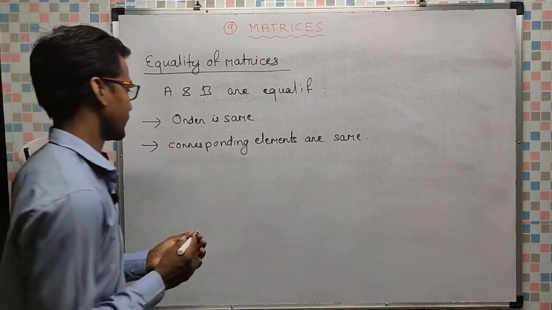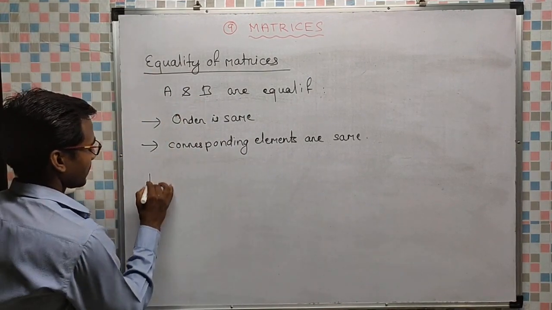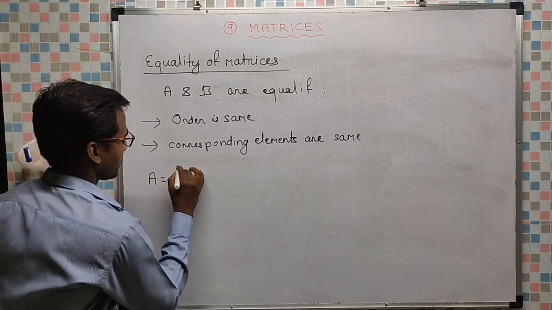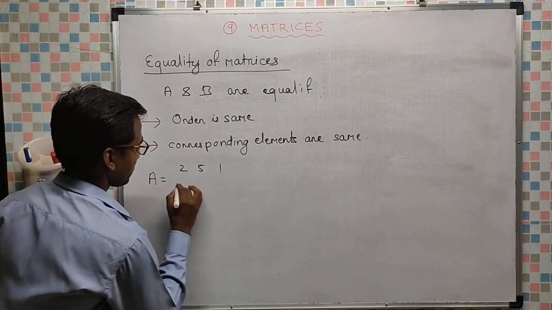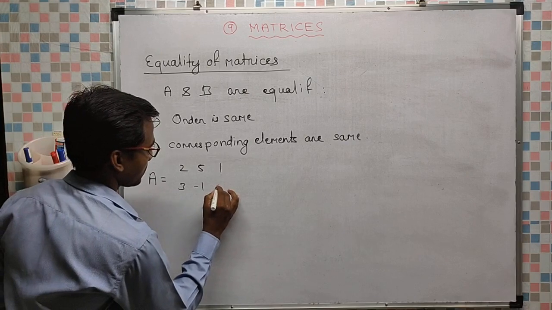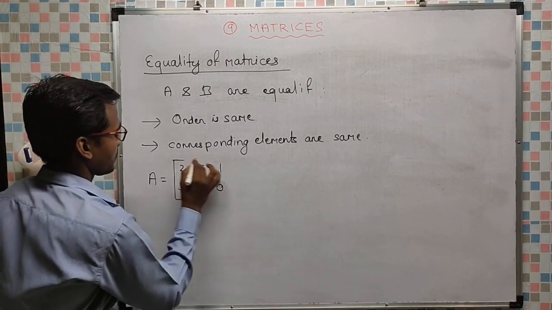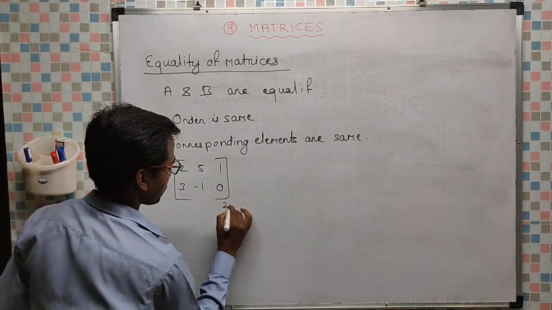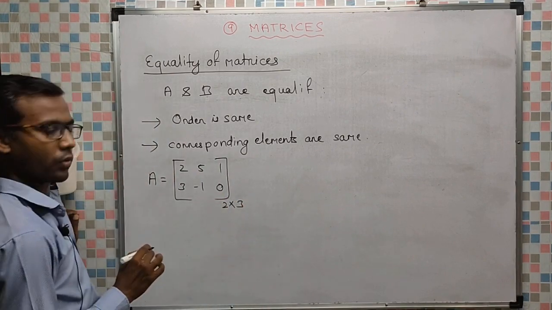For example, A is equal to 2, 5, 1, 3, minus 1, 0. Its order is 2 by 3. Okay.